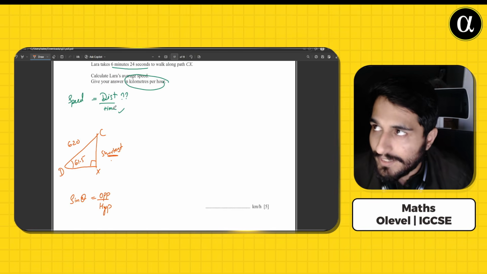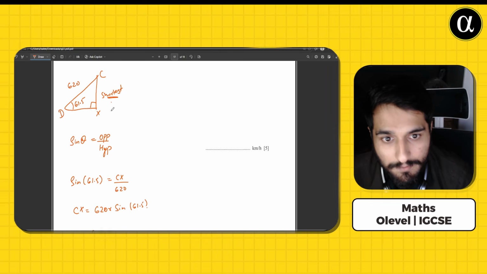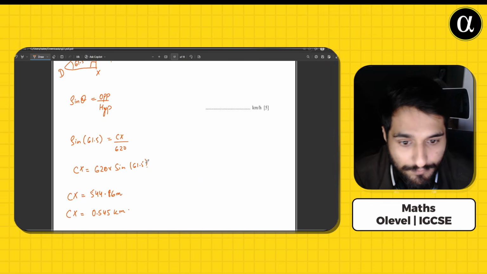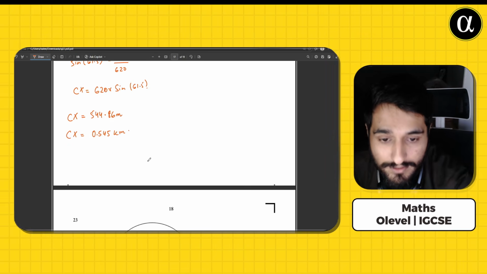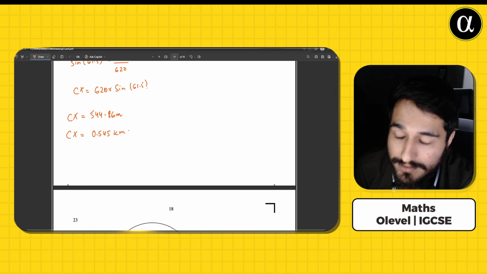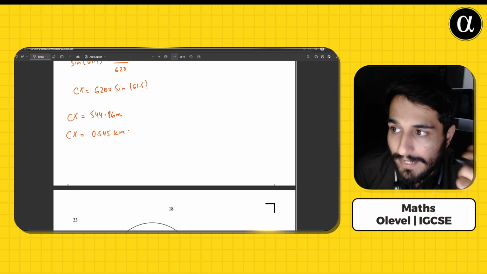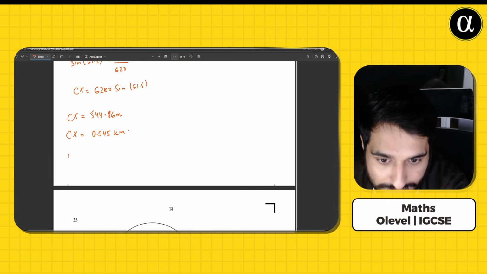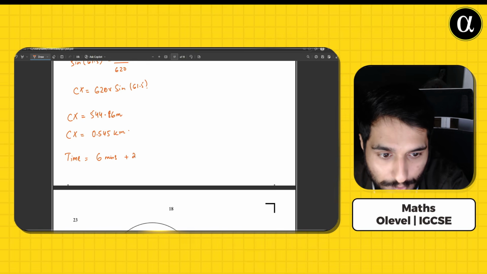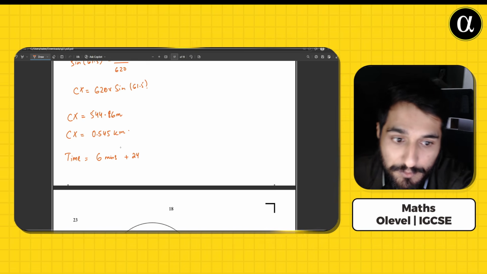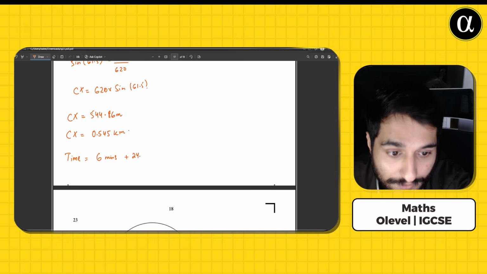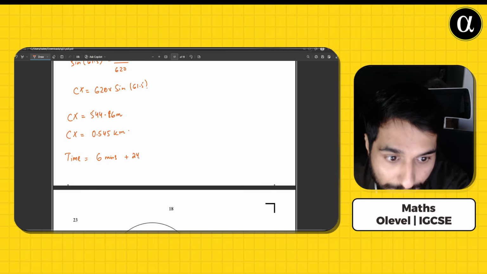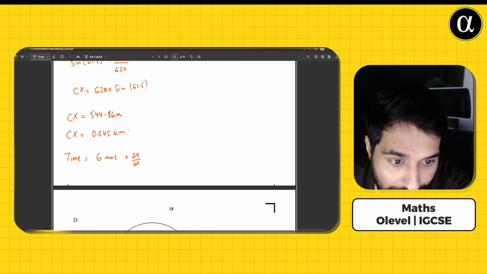Then we know that we now have the distance. We need to find the time, which was already given as 6 minutes and 24 seconds. I'll have to convert this into hours as well, because the speed was supposed to be calculated in kilometers per hour. So we'll say time is equal to 6 minutes plus 24 seconds, which will be converted into minutes, hence divided by 60.